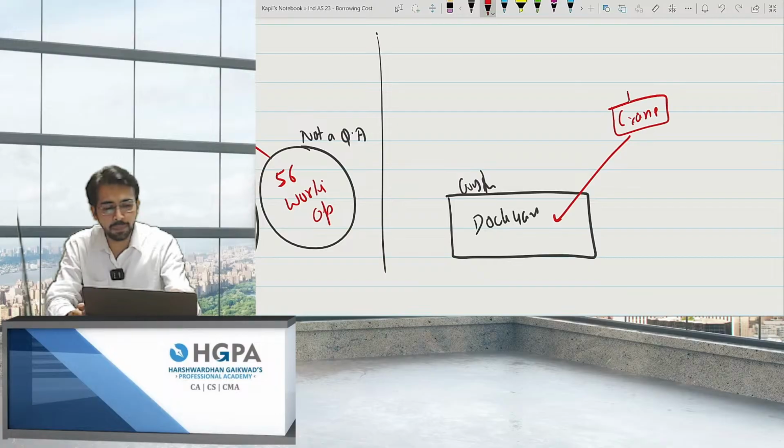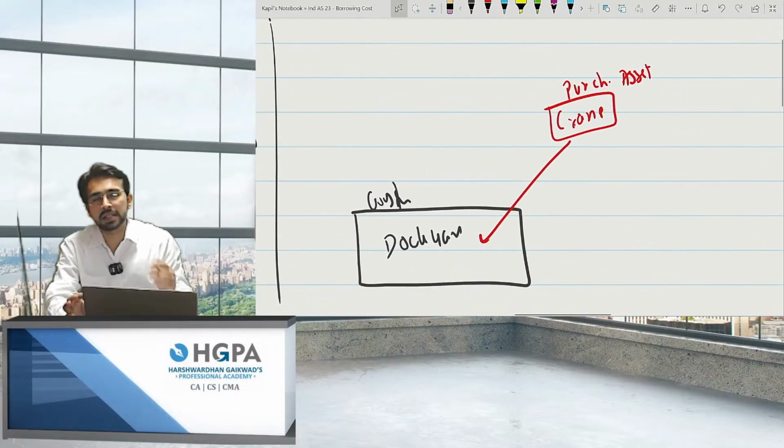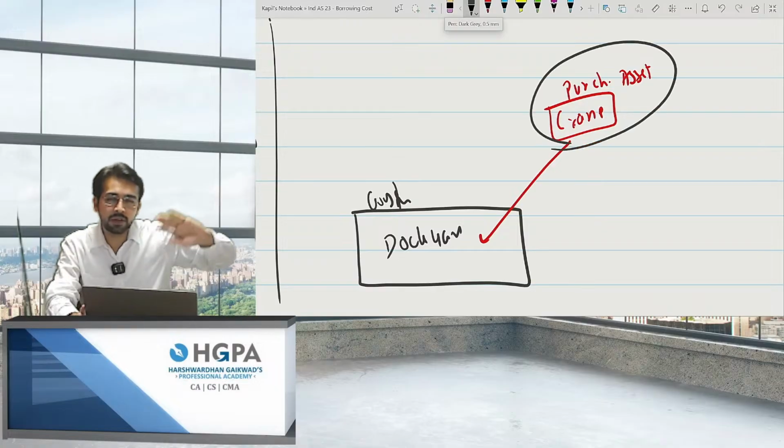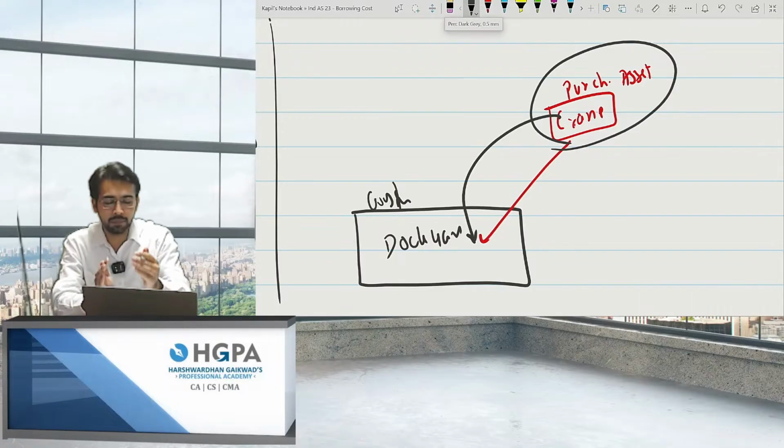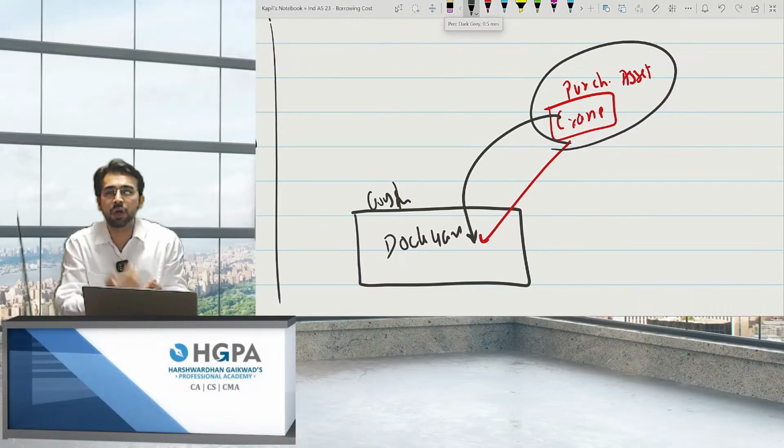Now, this becomes a purchased asset, right? Can you capitalize interest on the purchased asset? The answer is no. But the point is, did you purchase it to use somewhere else? The answer is no. You purchased it for the completion of the dockyard, right?